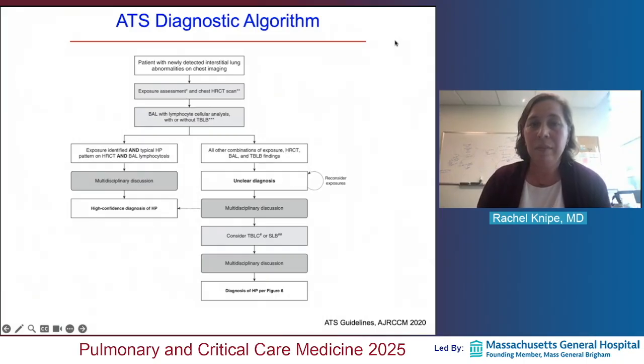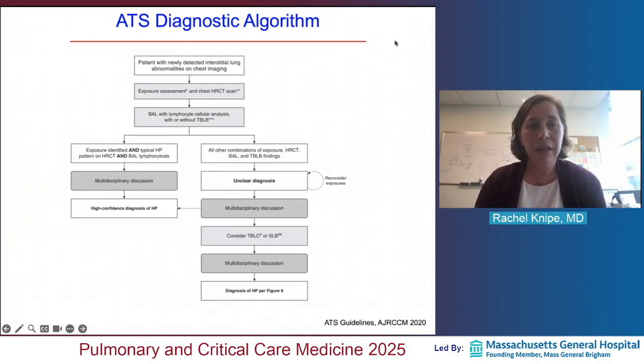Consideration can be made for a BAL with focus on the lymphocyte cellular analysis, with or without a transbronchial lung biopsy. And then at that point, you really have to think about whether exposure has been identified, what the pattern looks like on radiology, and whether or not you have BAL data.